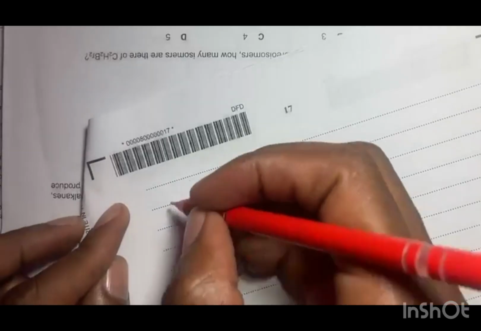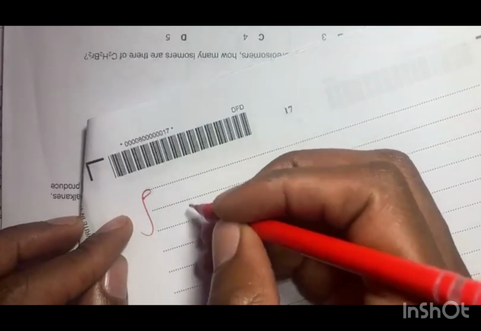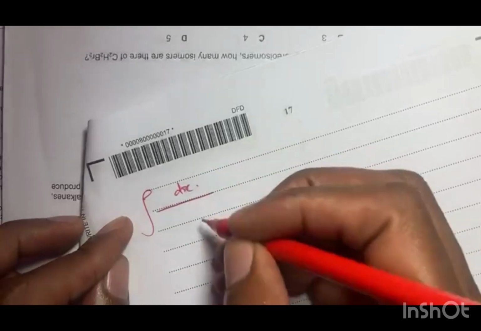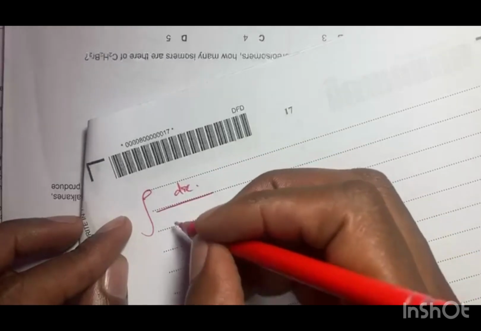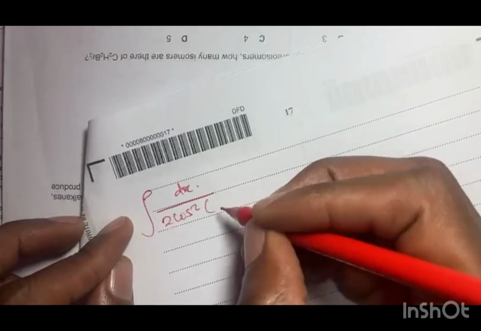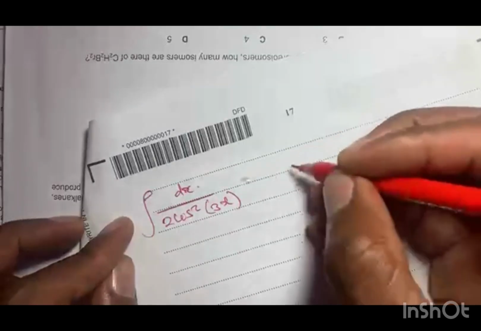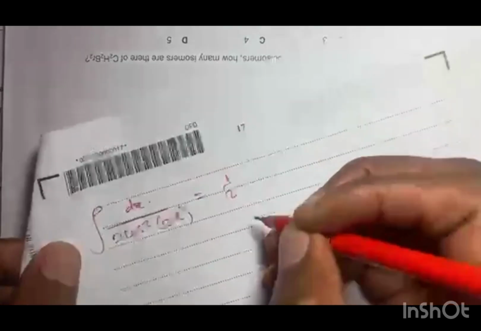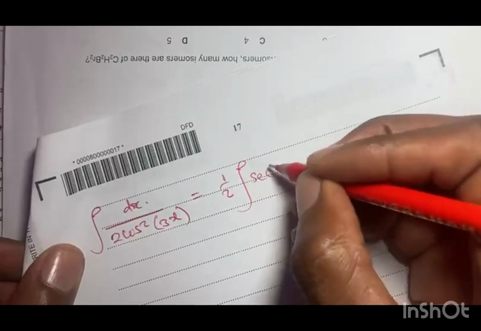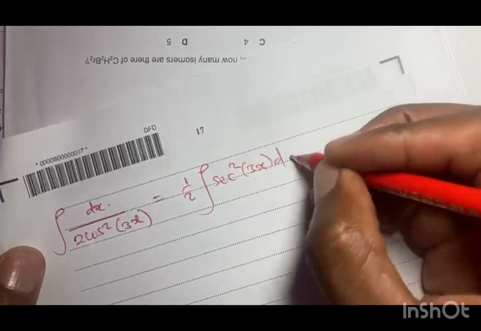Alright, so then the integral of the other side, integral of x over 2 cos squared 3x, is actually equivalent to half of the integral of sec squared 3x dx.